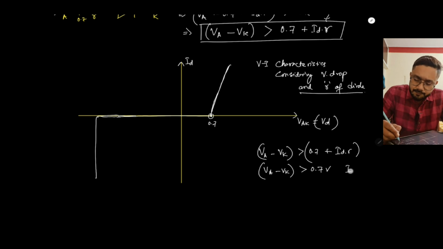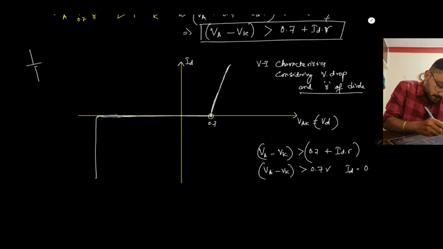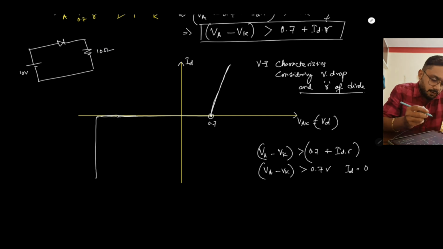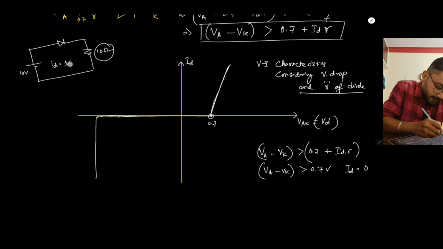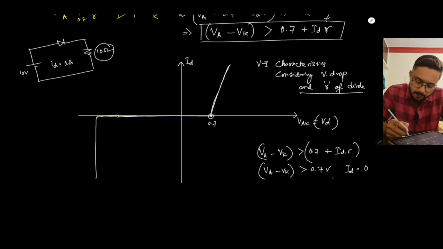Now suppose I've considered a 10 ohm resistance. Okay, so in this condition what will be the current? Current will be 1 ampere. So current will be 1 ampere in this circuit.